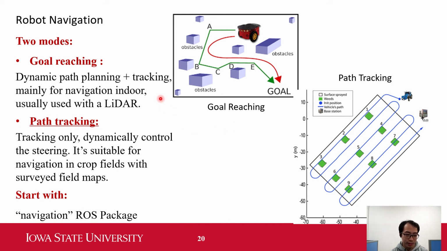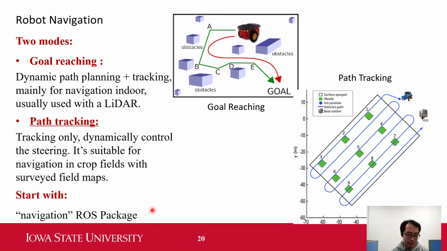This is usually for indoor navigation and used with a LiDAR. And for path tracking, usually we define a path and let the robot follow that path. This is more often used in agriculture, since the crop rows are pretty well known, and we can just plan a path for the vehicle to follow.